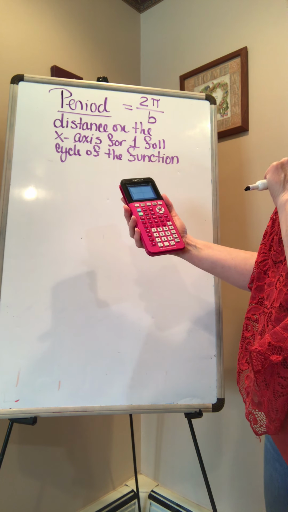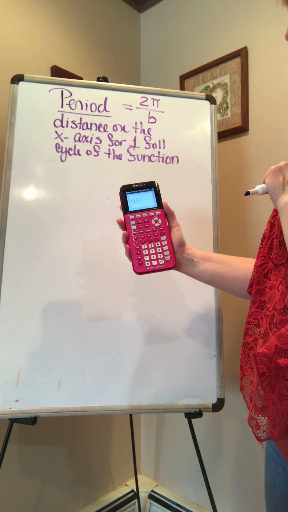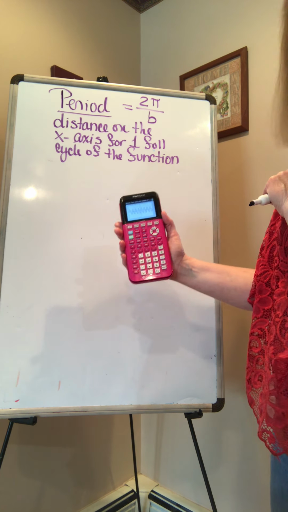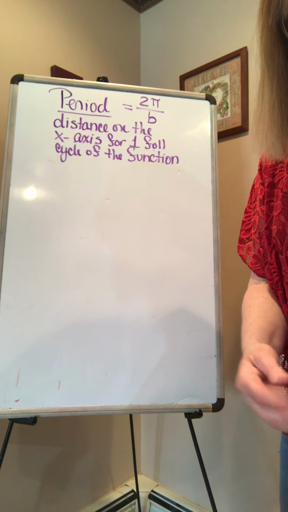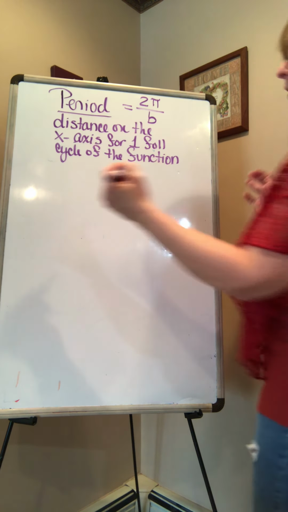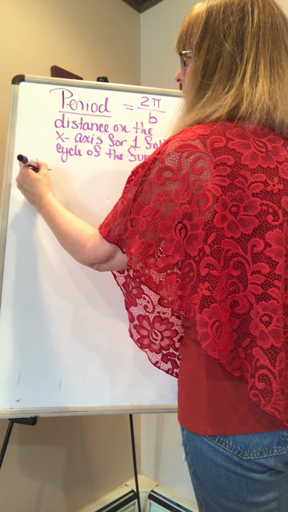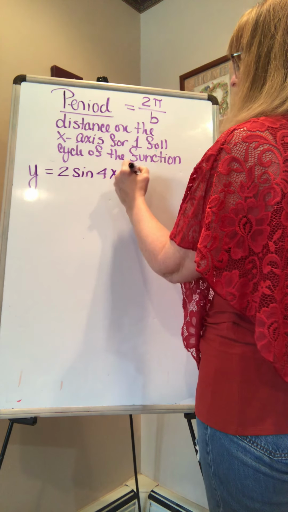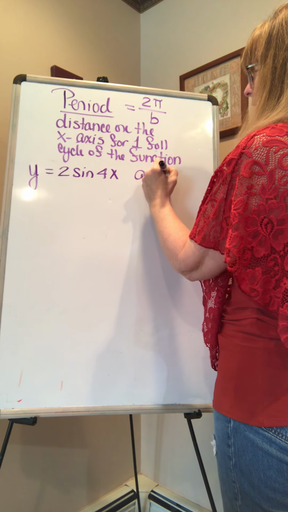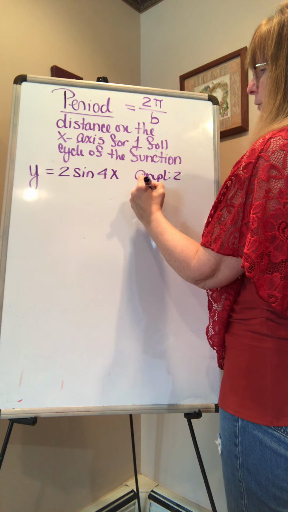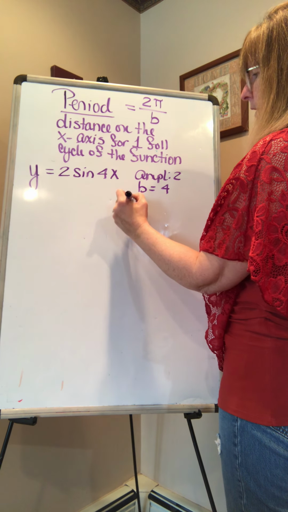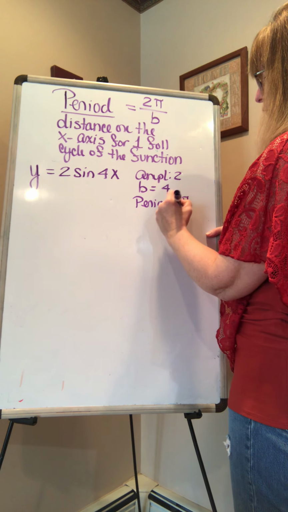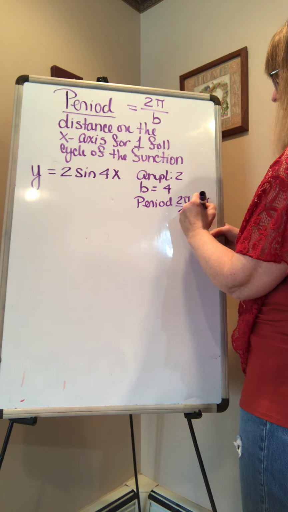and I graph this, I'm seeing a ton of sine curves. It's like up and down, up and down, up and down. It almost looks like, you know, your heartbeat. Well, let's take a look at why we saw so many. So when we had y is equal to 2 sine of 4x, my amplitude was 2, my frequency is 4, and my period is 2 pi over 4, which is pi halves.